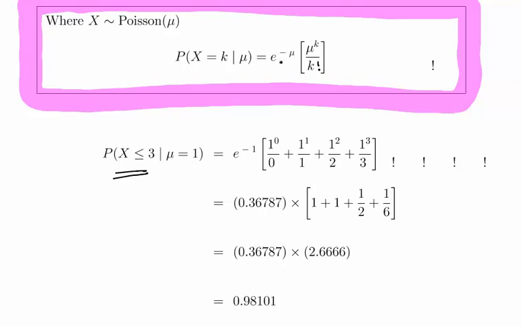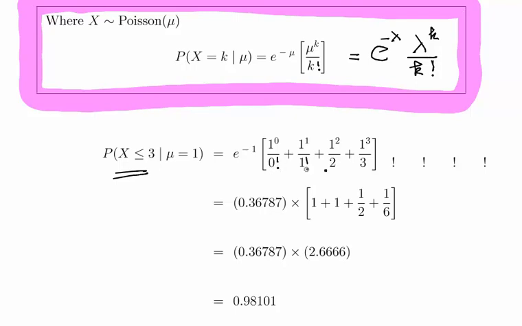So e to the minus mu, and again it's specified in terms of mu here, but equivalently that is e to the minus lambda, lambda to the power of k over k factorial. We're going to calculate it for k equals 0, 1, 2, and 3.